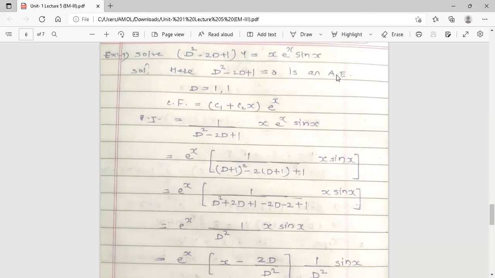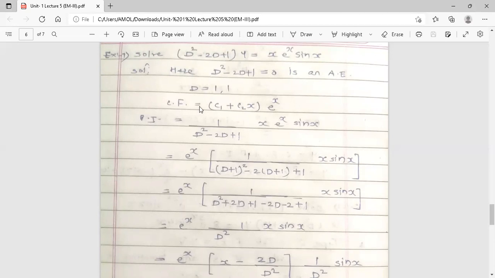Now, what are the factors of d square minus 2d plus 1 is equal to 0? It is a perfect square, d minus 1 whole square is equal to 0. So the factors are here, d is equal to 1, 1. Means there is a single factor 1 and it is repeating 2 times.